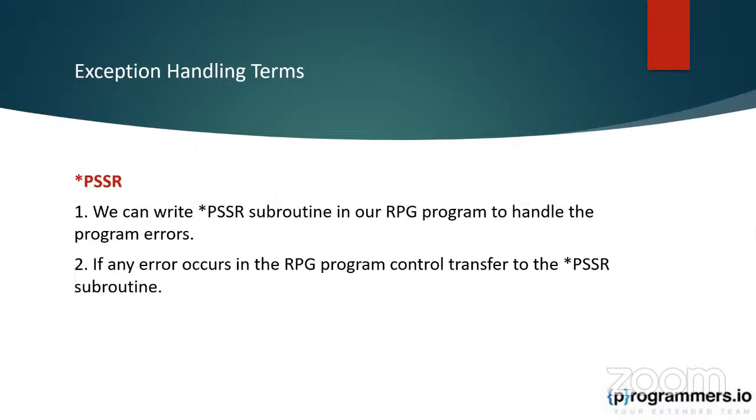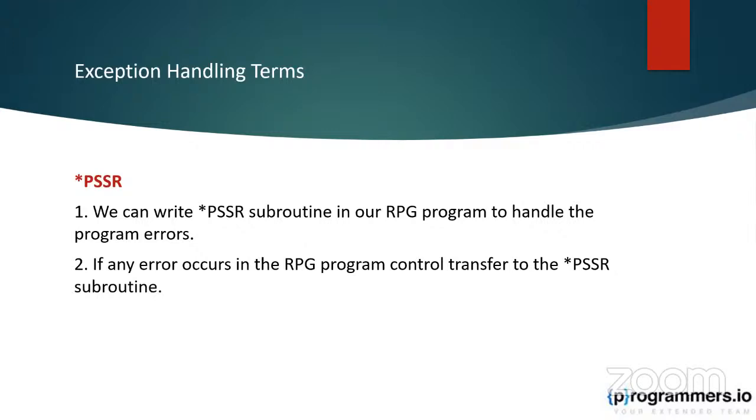And the third one we can use in AS/400 to handle errors is PSSR. PSSR is a program error subroutine, and it's a built-in subroutine in AS/400, and we can directly use it in a program anywhere.